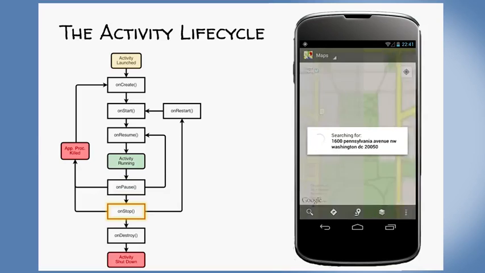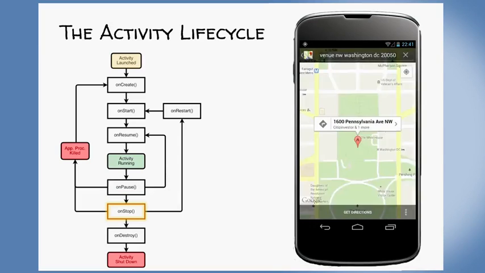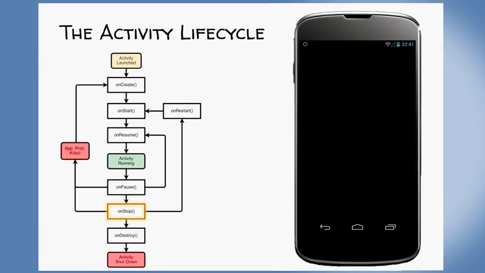Now, eventually Google Maps will appear on the screen, and the user can interact with it. But at some point, the user will be done with Google Maps and might, for example, choose to return back to map location, for instance, to map a new address. So let's assume that the user now hits the back button to return back to map location. At this point, map location must be brought back into the foreground.